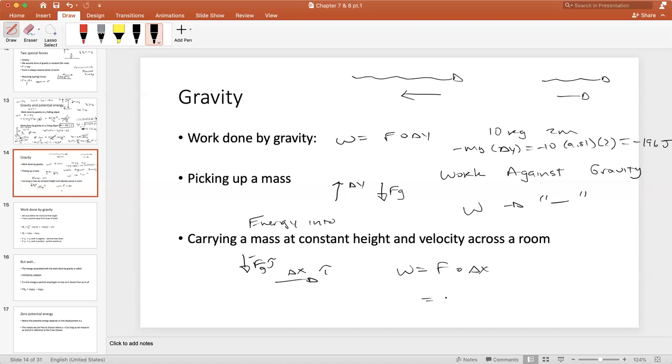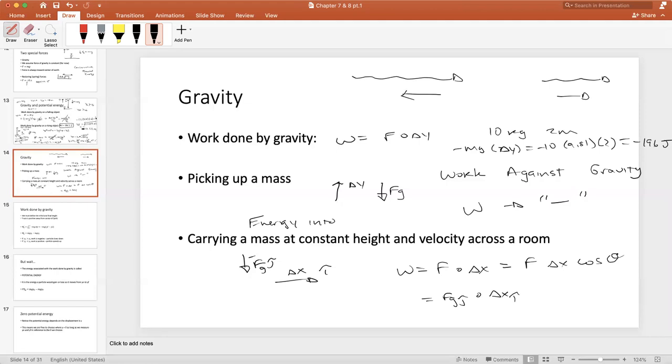But Fg is in the j hat direction, and my delta x is in the i hat direction. And when I dot things that are 90 degrees off each other, the work is 0.